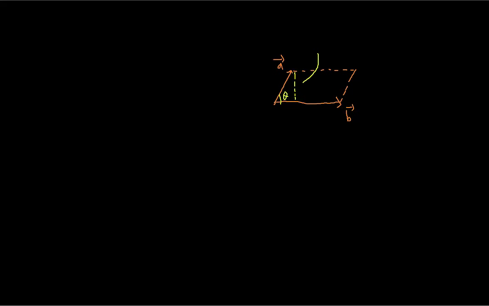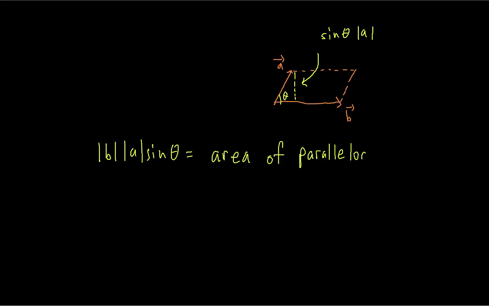So we know that the actual cross product is a vector sticking out of the page or into the page, but we find that the magnitude of the cross product is going to be equal to the area of this parallelogram that we make with the vectors A and B. Because as you can see, the height of the parallelogram is equal to sine theta times the magnitude of A. And so according to our formula, the height times the base is just going to be the magnitude of the cross product.